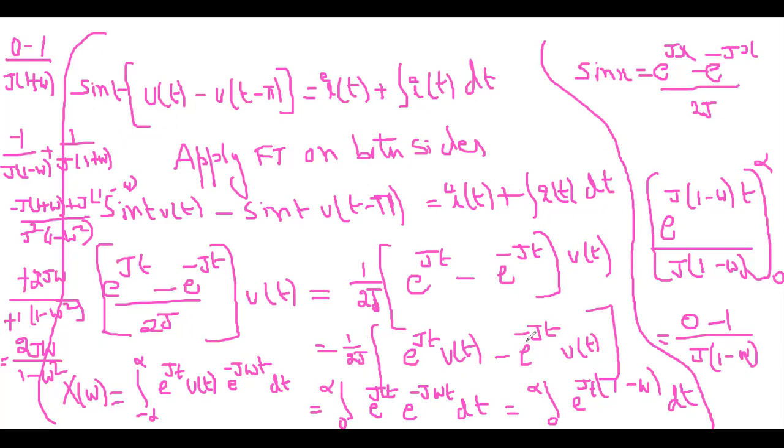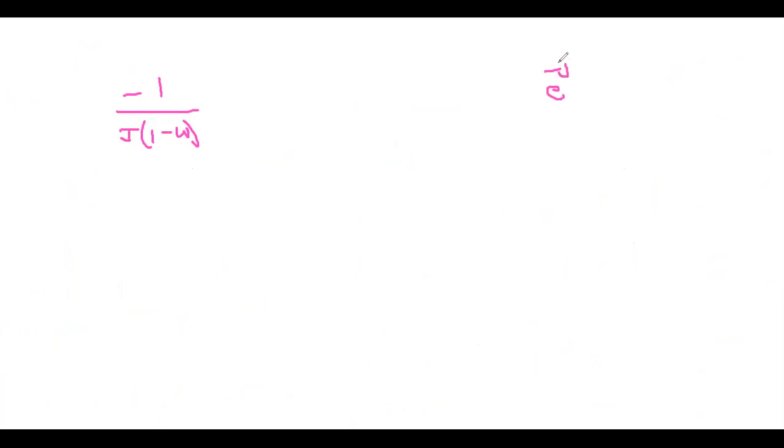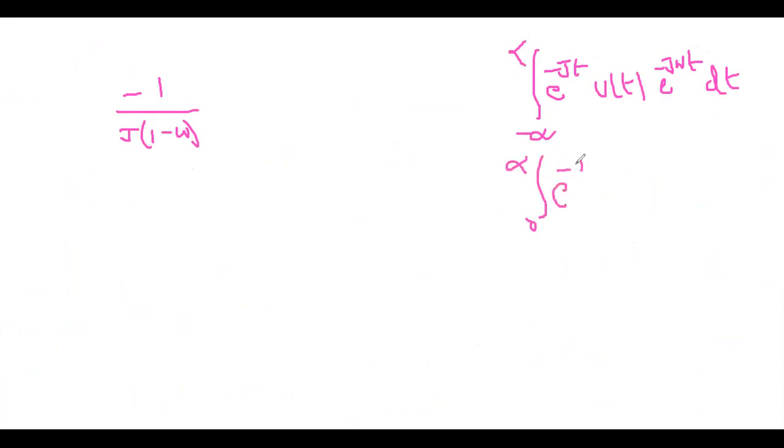Then e power minus jt mu of t. I'll find out that also. E power minus jt mu of t e power minus j omega into t dt. The integral value minus infinite to infinite becomes integral 0 to infinite e power minus jt into e power minus j omega t dt.